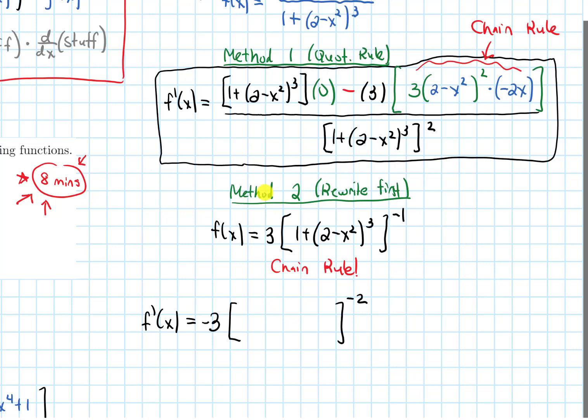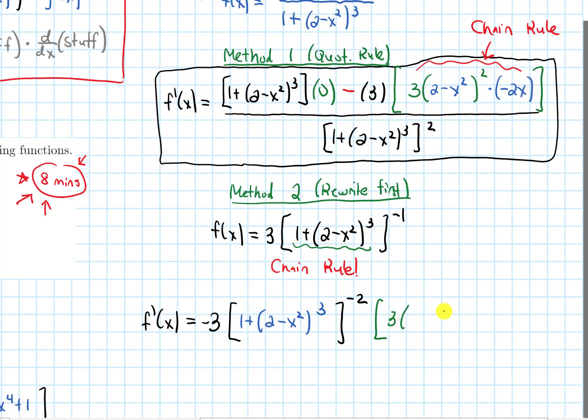Okay, and when I do, I keep the inside the same. 1 plus 2 minus x squared, that quantity, being cubed. And then we multiply this by the derivative of the inside, the derivative of all of this. So the derivative of 1 is 0. And then for the next term, we've already seen what that derivative is. It involves chain rule.